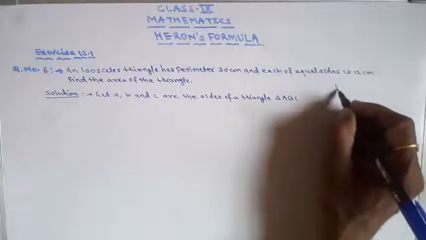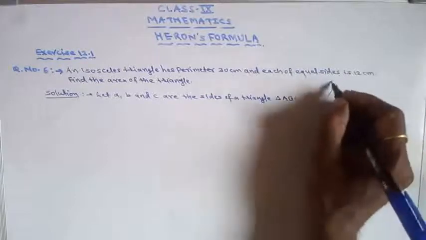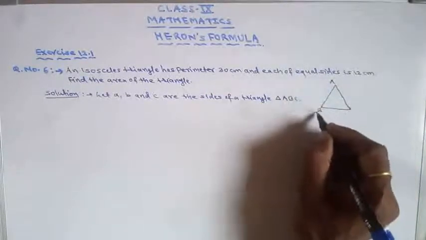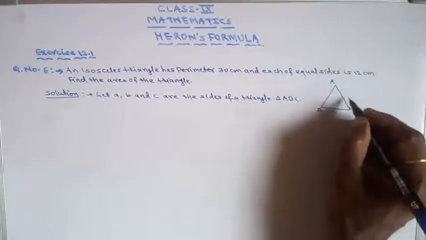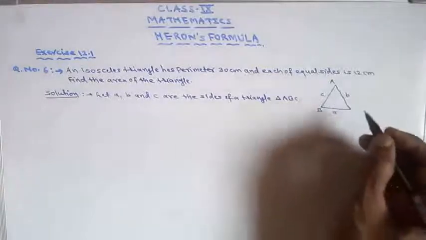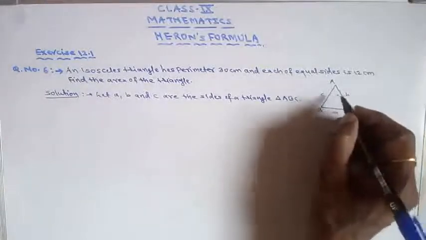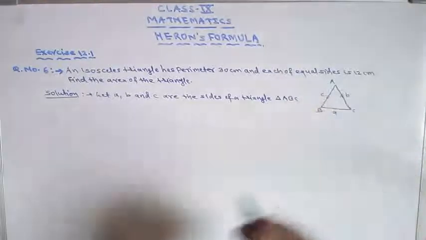You have an isosceles triangle ABC. Okay, this side is a, this is b and this is c, suppose. And suppose these two sides are equal, this side and this side, these two sides are equal.